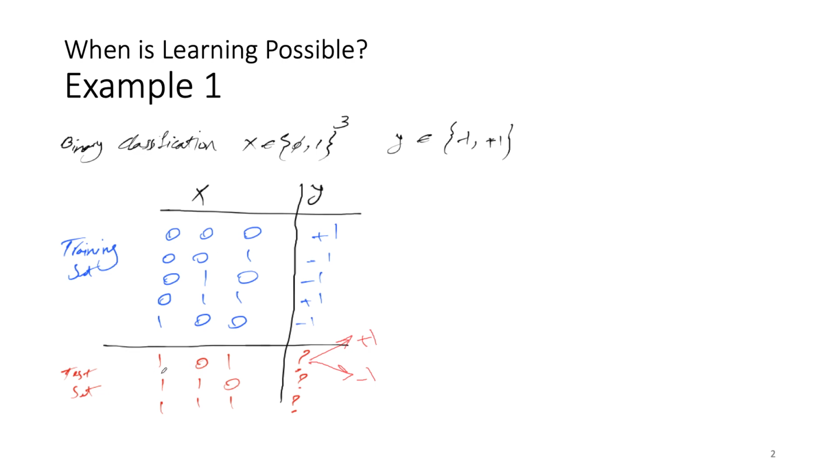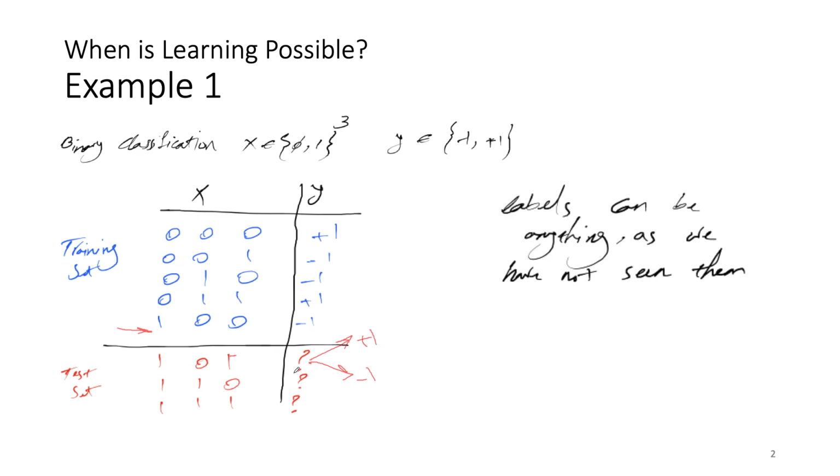When you have this 1, you can't gain anything from this training example with the same column having 1. But in this case, you have this 1 as well. So this one wasn't 1. So in this case, the predicted label could be anything. That's why in this example we can say labels can be anything, as we have not seen them, right? Thus training is not possible in this example.